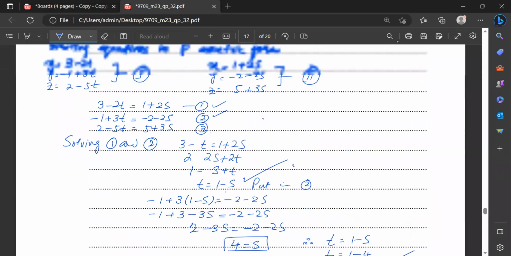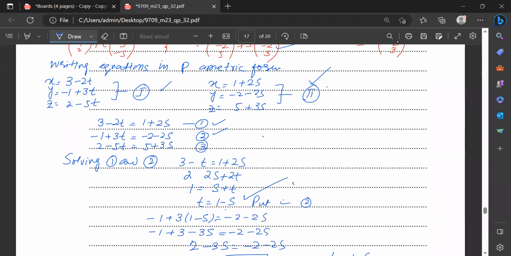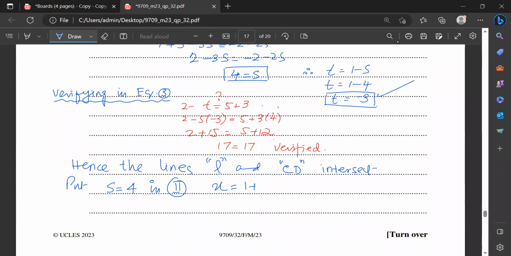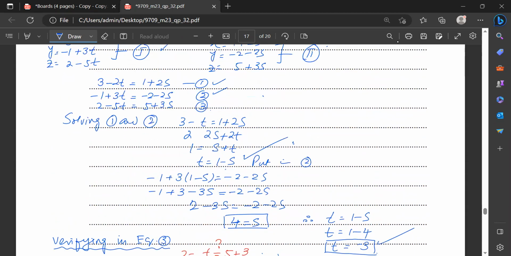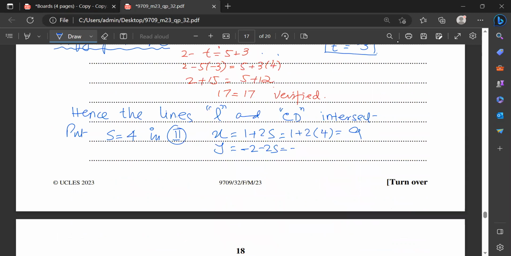x would be 1 plus 2s, 1 plus 2 into 4, which is 9. y is equal to minus 2 minus 2s, so minus 2 minus 2 into 4, so the answer is minus 10.